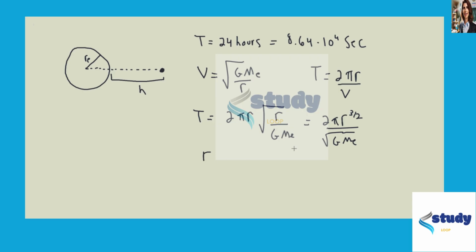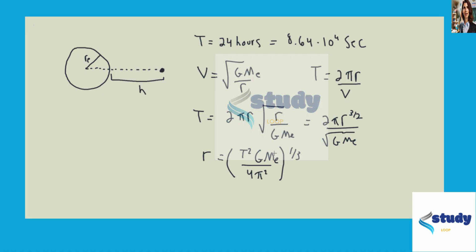If we square each side and then take the cube root and move all these terms around, we should get that r will be T squared G M_E over 4 pi squared, and then that whole thing is to the 1/3. T is just this T that we found up here.